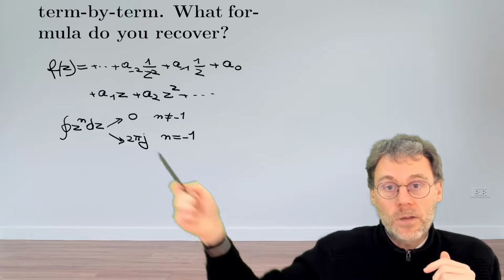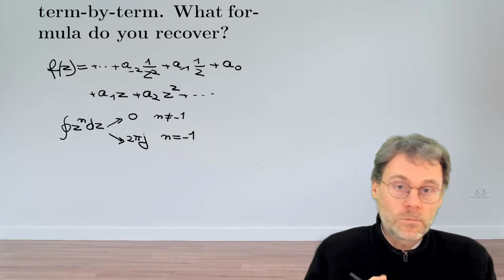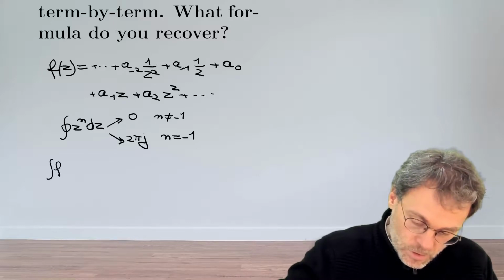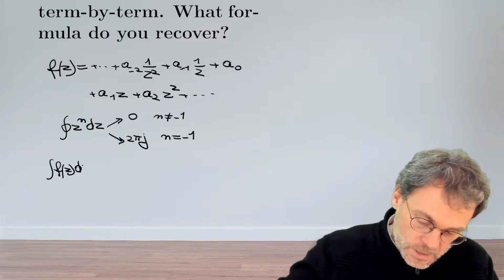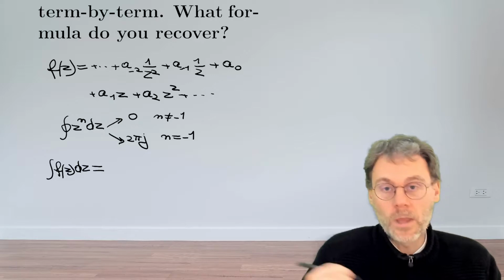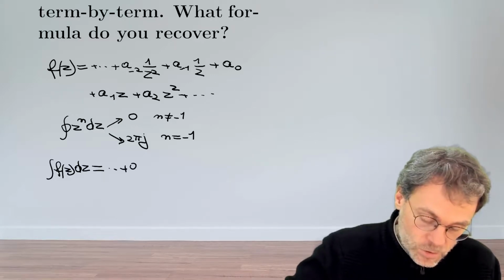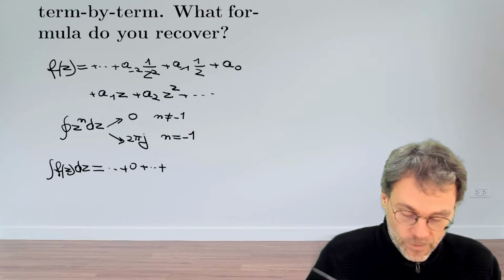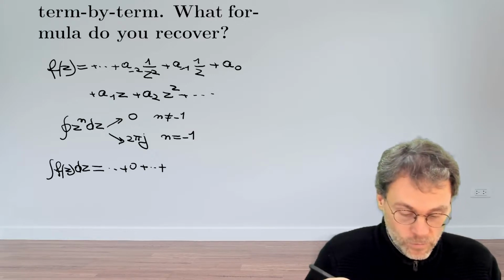Because what happens if we integrate the series term by term, and we assume that we can do that, then we end up with the integral of f of z dz being equal to, basically we get a whole lot of zero terms here. The only term that we still have is the term involving 1 over z.